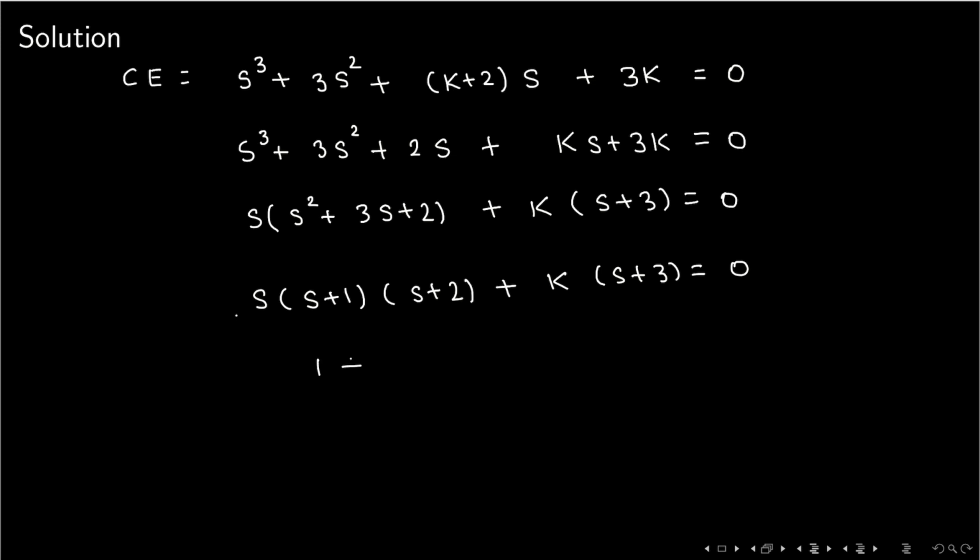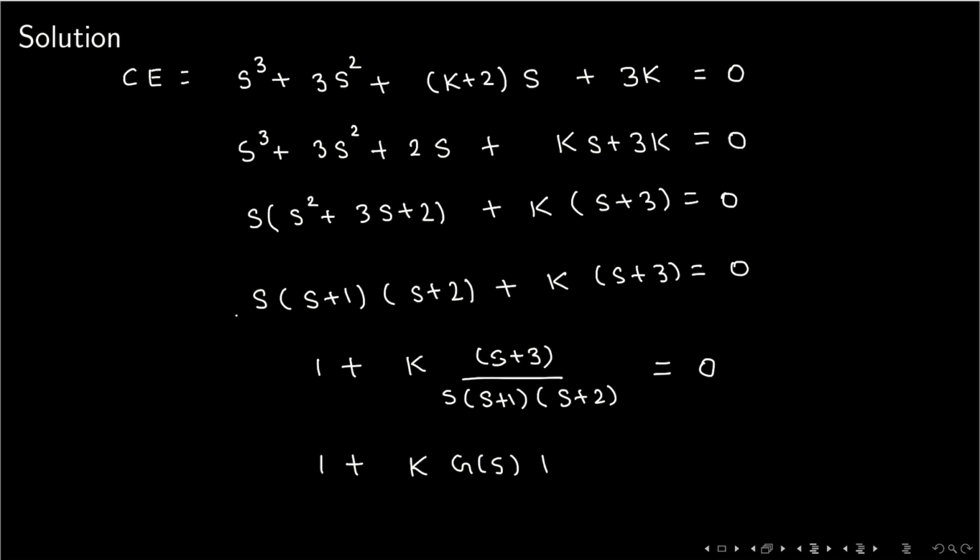So we will get 1 plus K times (s plus 3) divided by s into (s plus 1) into (s plus 2) equal to 0, which is 1 plus K G(s)H(s) equal to 0. Writing G(s)H(s) separately, we have (s plus 3) divided by s into (s plus 1) into (s plus 2).